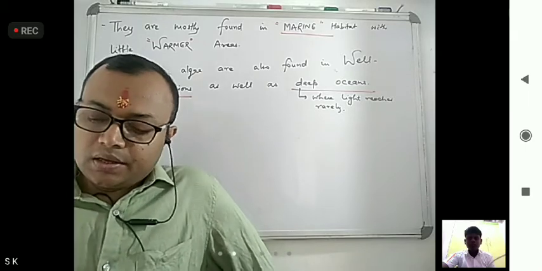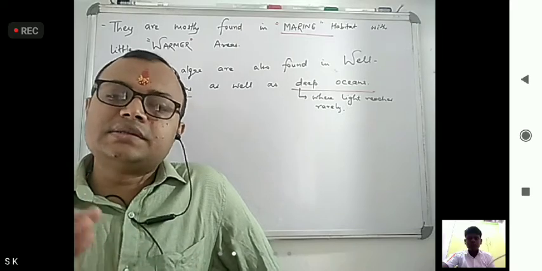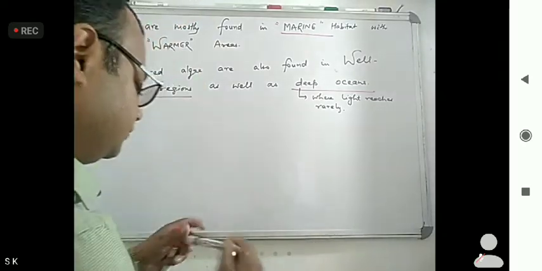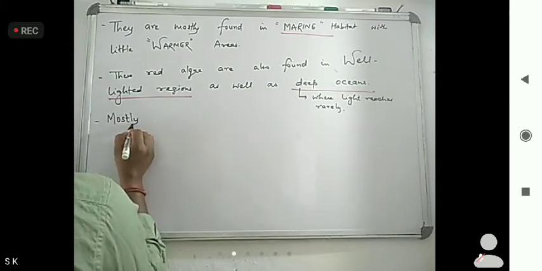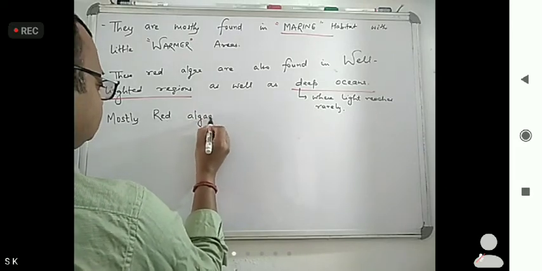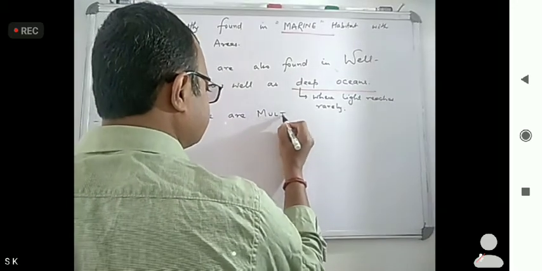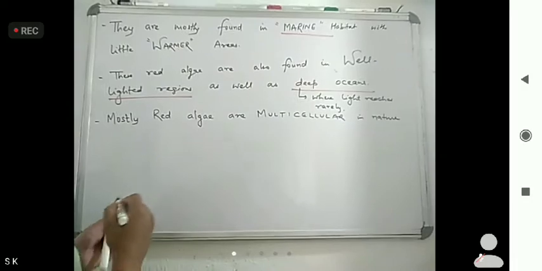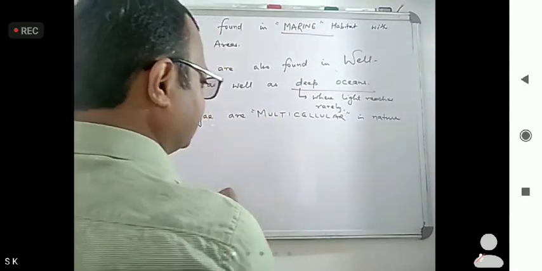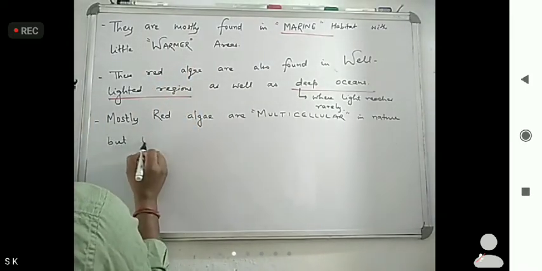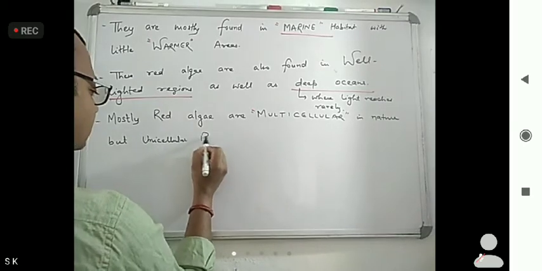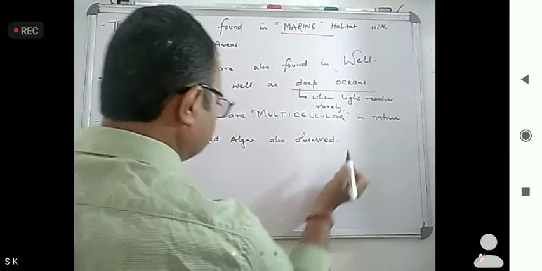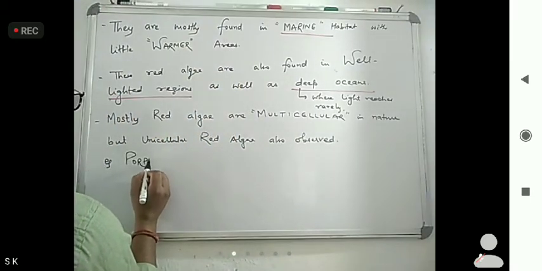Now, mostly the red algae are multicellular in nature, but unicellular red algae are also observed, for example Porphyridium.